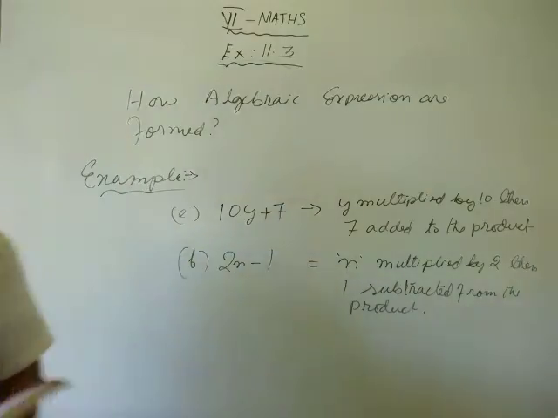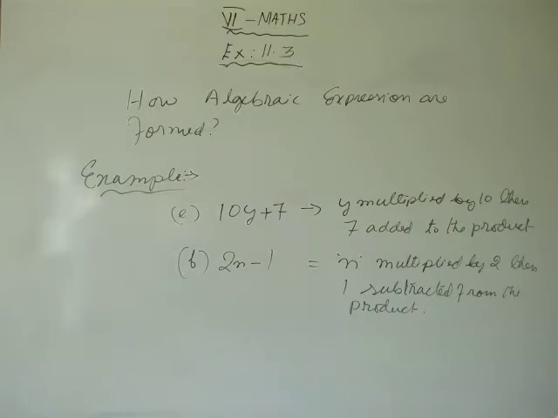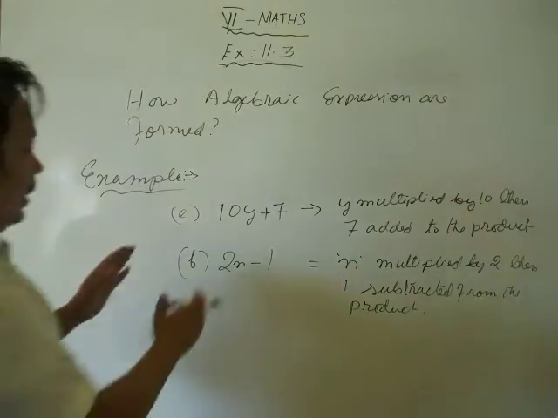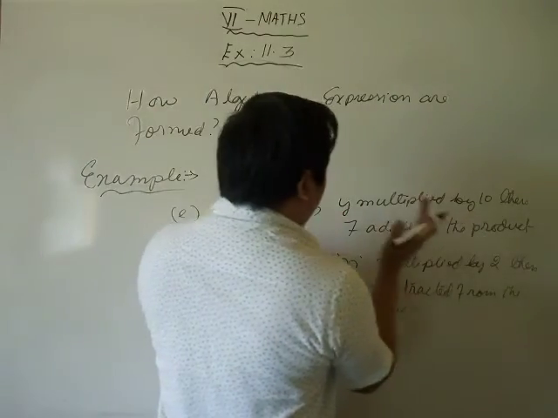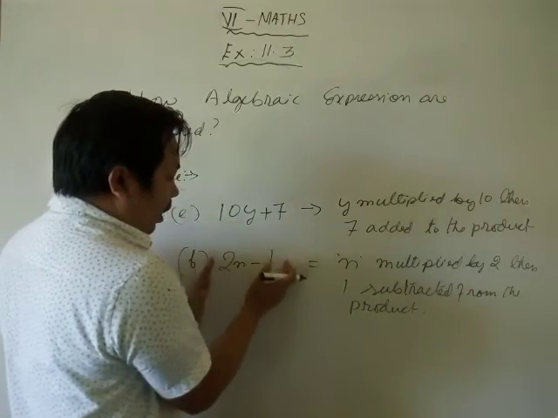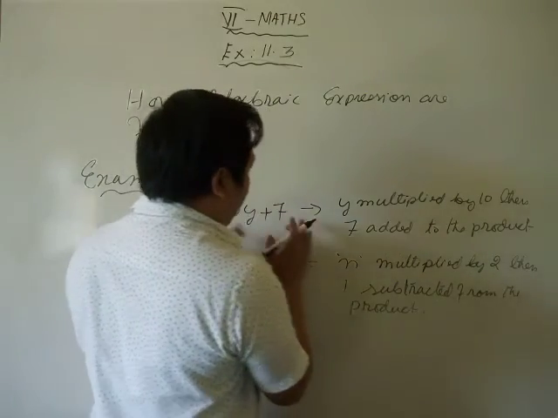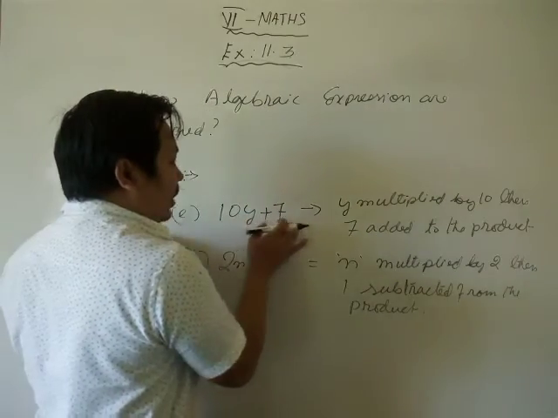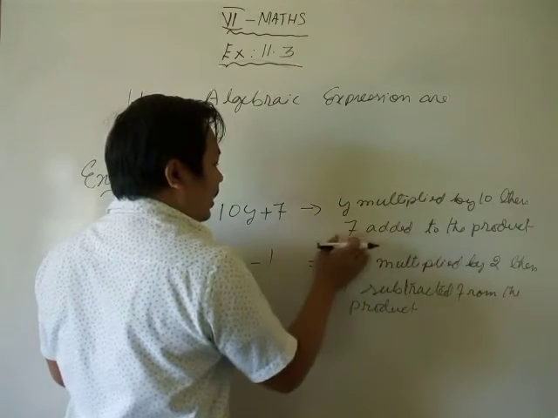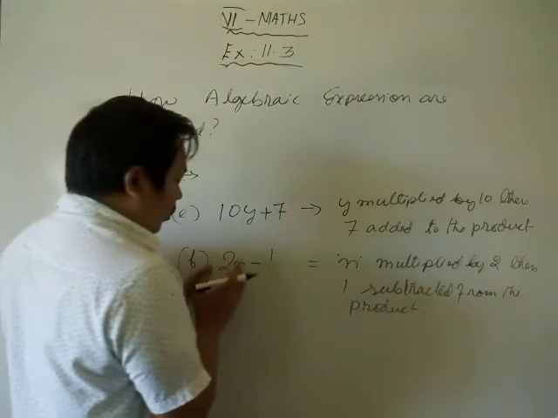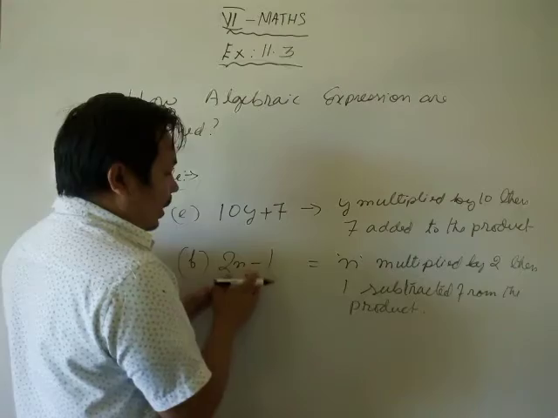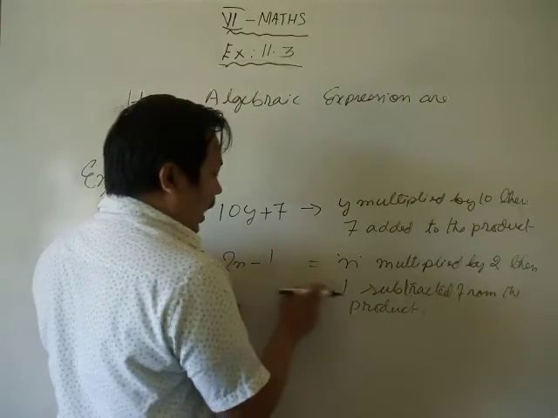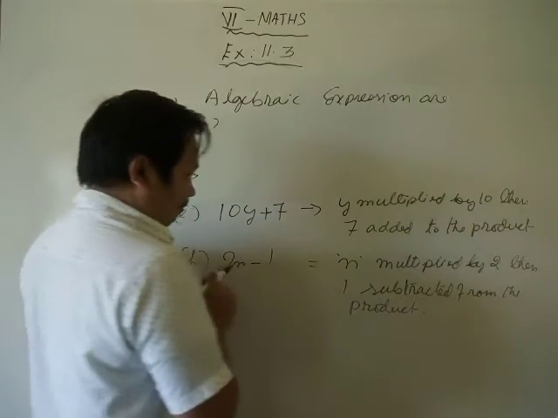So my dear student, this is how the expressions are formed. Here 10y plus 7 is y multiplied by 10, then 7 added to it. 2n minus 1 is n multiplied by 2, then 1 subtracted from the product.